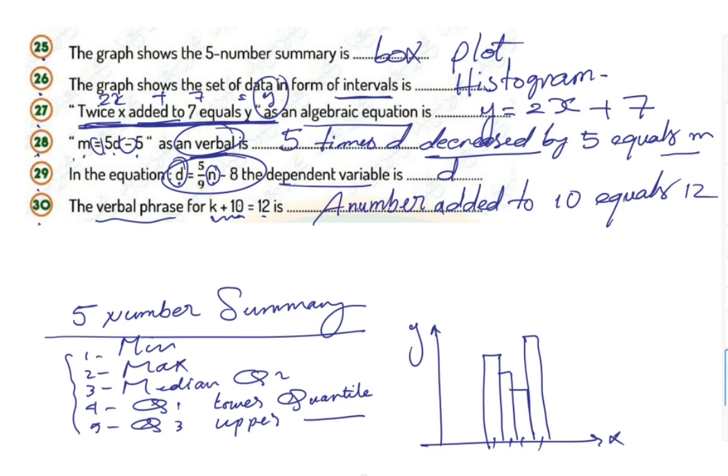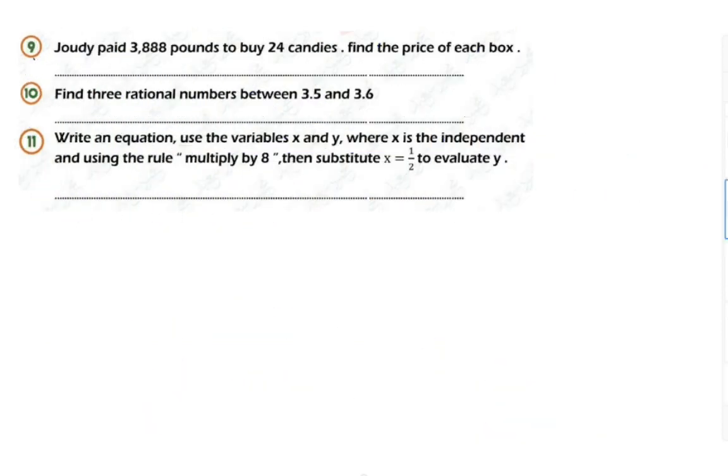Let's go to answer the following. Point 9: Judy paid 3,888 pounds to buy 24 candies. Find the price of each box of candy. Judy paid a total of 3,888 pounds to buy 24 boxes, and I need to find the price of just one box.